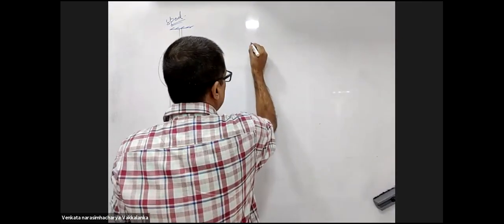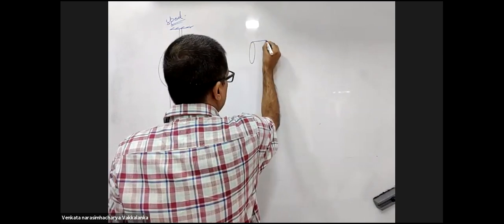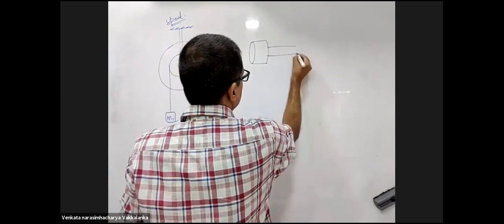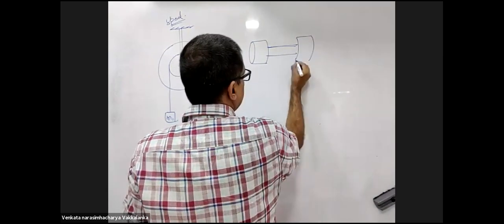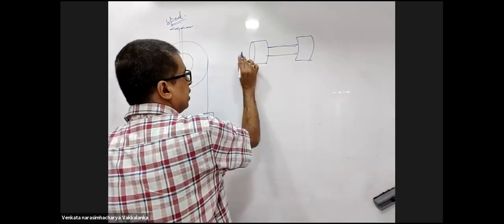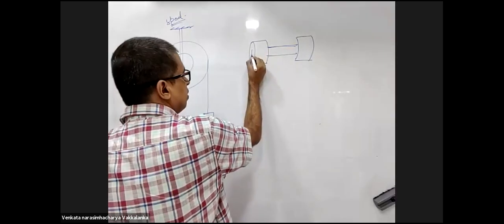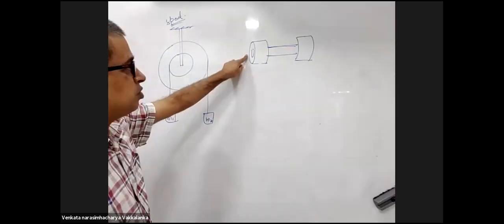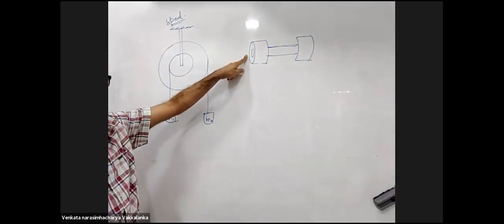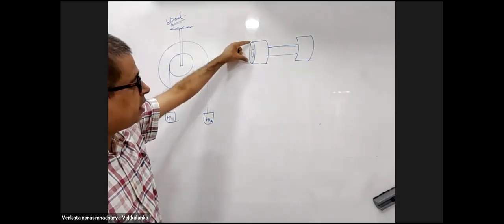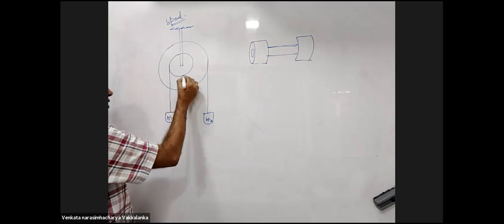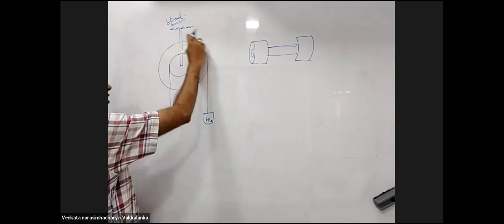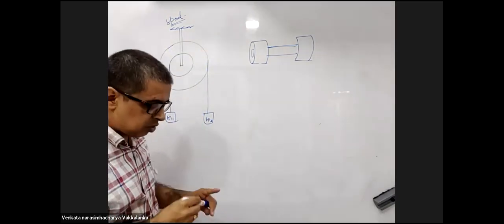A spool will be more like a dumbbell. So when I am seeing from one side, there will be two circles drawn. This is wound on the inner cylinder. This is wound on the outer cylinder.